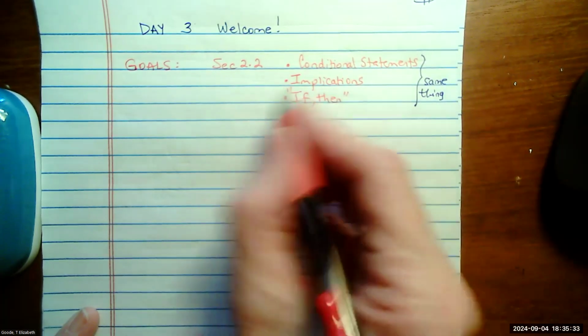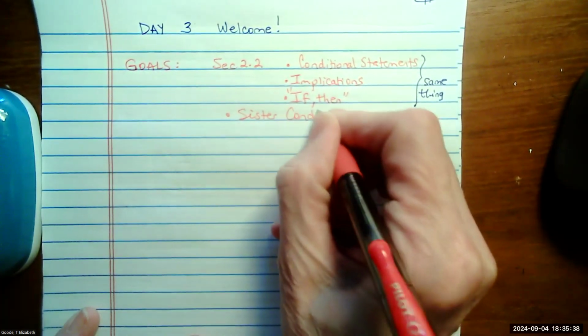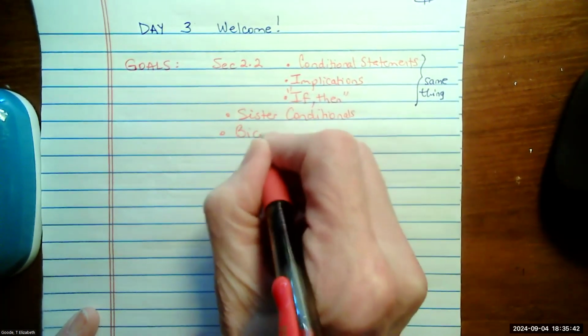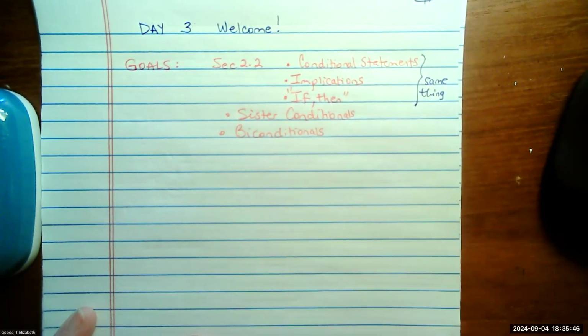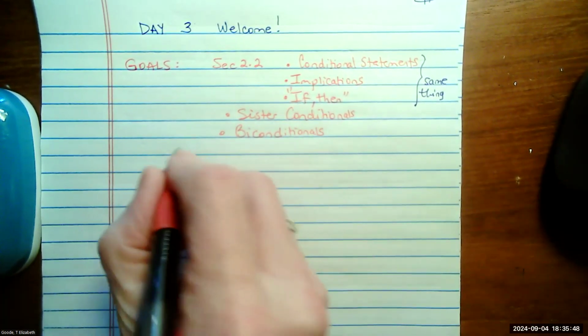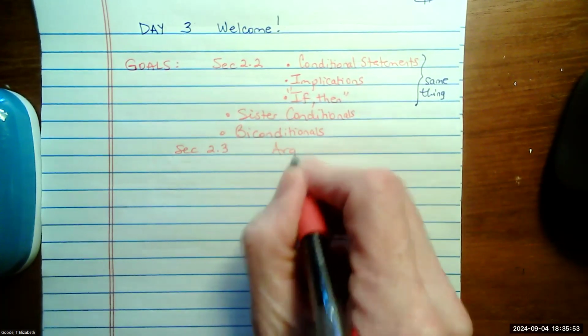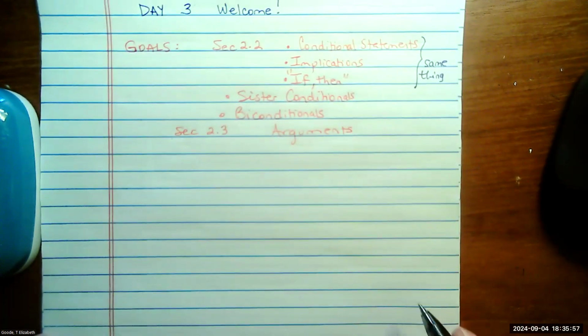Then we're going to talk about what are called the sister conditionals, and you'll see what I mean when we do that. And then we're going to up the ante and talk about biconditionals. So that's section 2.2. And then it is a natural segue into section 2.3 on arguments, because it turns out arguments are conditional statements.